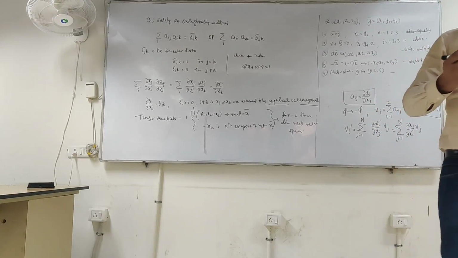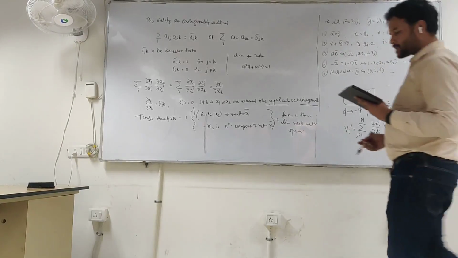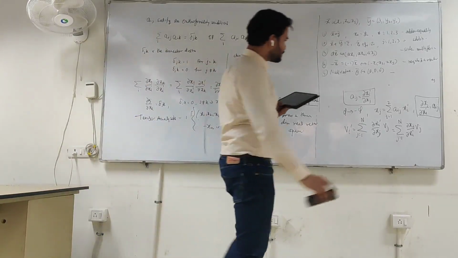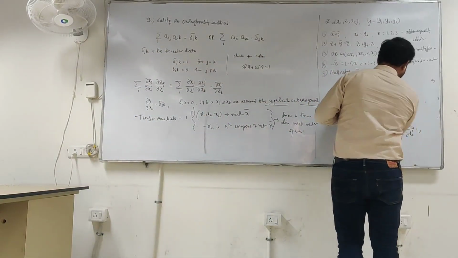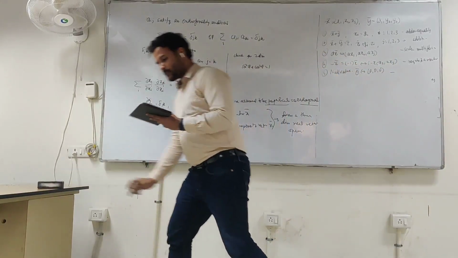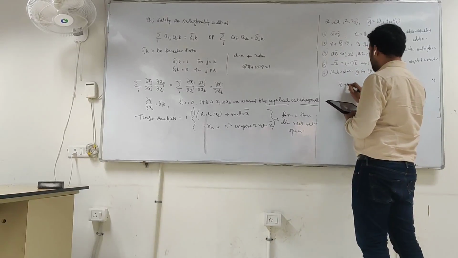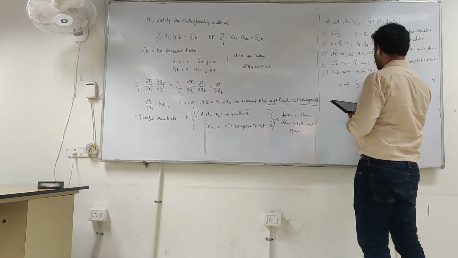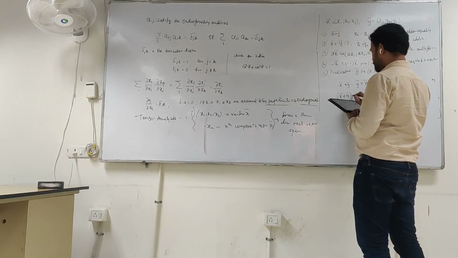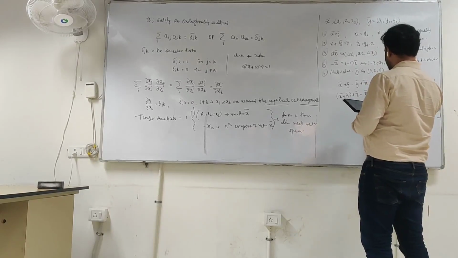Since our vector components are real, the following properties hold: commutative, associative, and distributive. So vectors are commutative: x bar plus y bar is equal to y bar plus x bar. They are associative: x bar plus y bar plus z bar is equal to x bar plus y bar plus z bar.